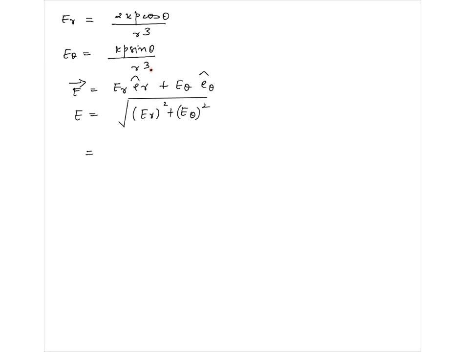Can you solve that trigonometry and see if you are getting this answer? Let me know if you don't get it.